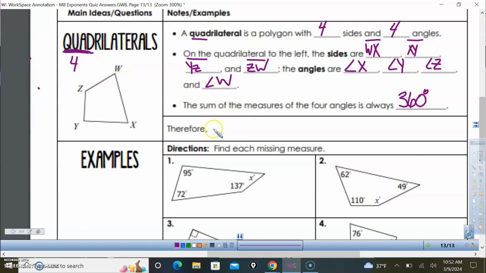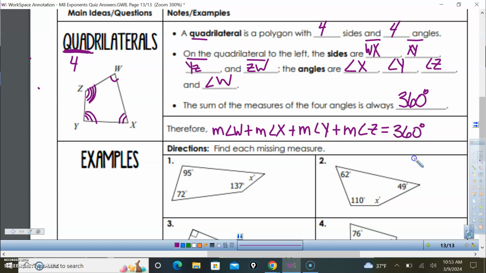So if we add the measure of angle W plus the measure of angle X plus the measure of angle Y plus the measure of angle Z, those 4 angles together will equal 360 degrees. For a quadrilateral, they will always add up to that 360 degree mark.